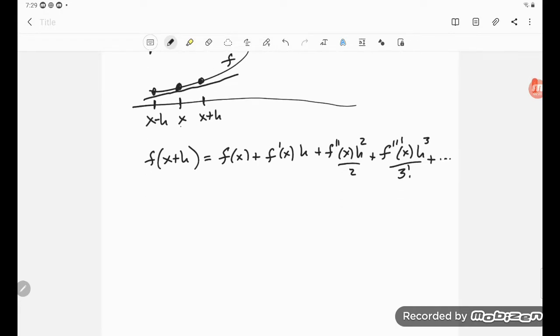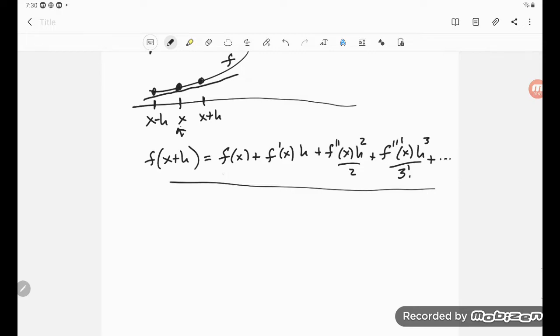Now, the idea is that if I would like to, say, approximate the first derivative here at x, I could do that simply by using this approximation and cutting it off somewhere.